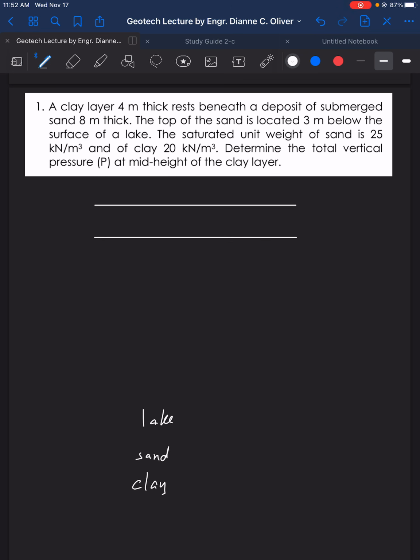So this is the lake, 3 meters, and then we have 8 meters sand, and then we have 4 meters clay.